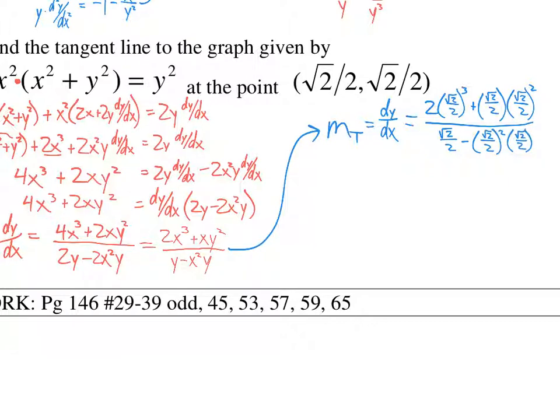So we have a lot of root 2 over 2's here. But notice now we can just simplify and find out what our slope is. Okay?